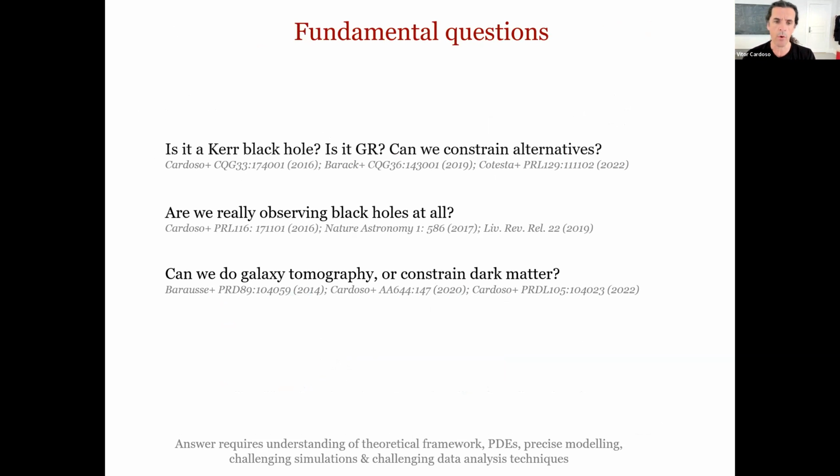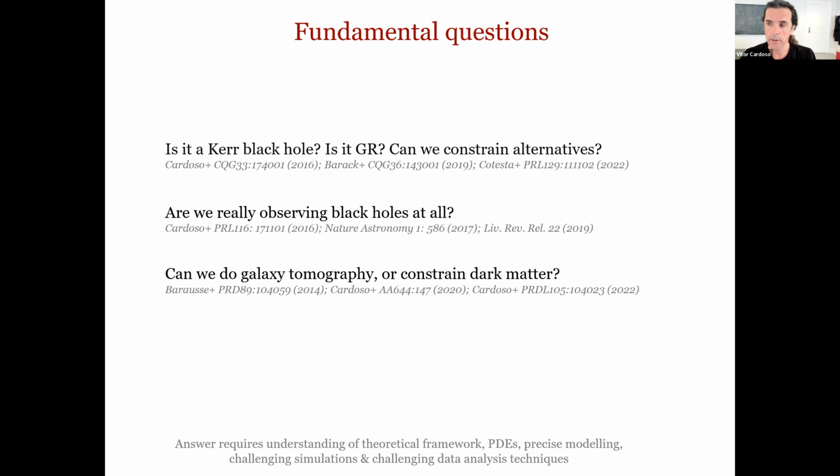So now that we know we can observe black holes in the electromagnetic spectrum, but especially also in the gravitational wave band, there's a series of questions you can try and answer, that you should try to answer. The first is, well, is it a black hole at all? How do we know? How do we provide evidence that we have horizons? How do we even quantify the statement? And is it a Kerr black hole? Does it belong to that two-parameter family of spacetimes?